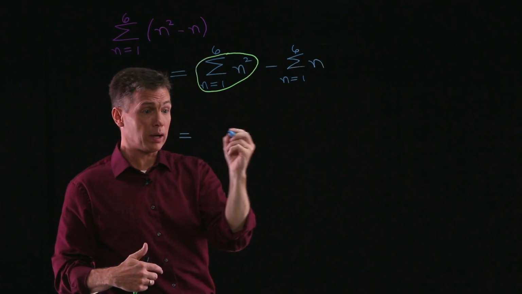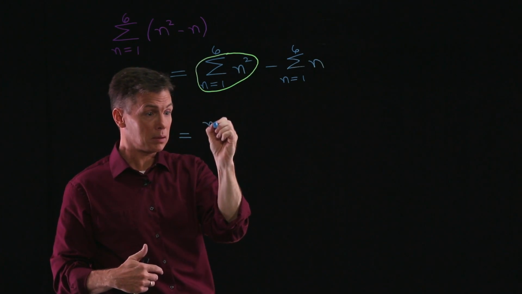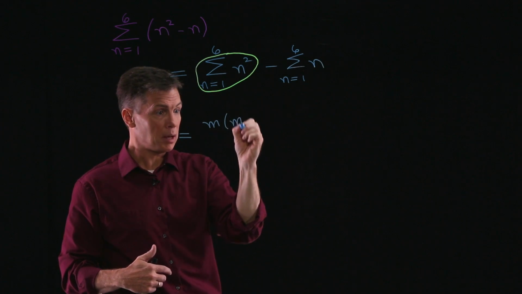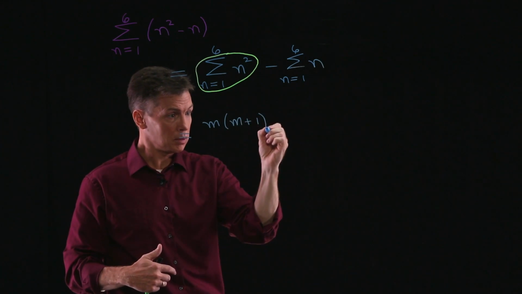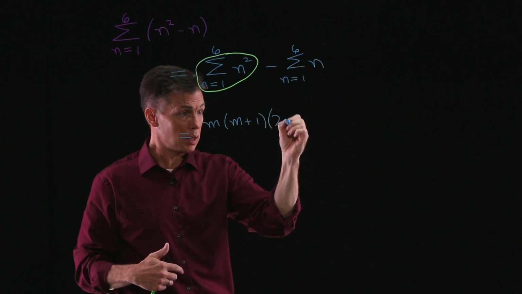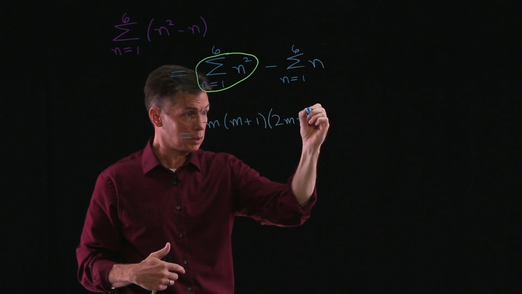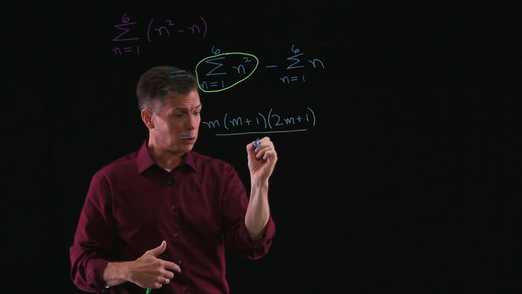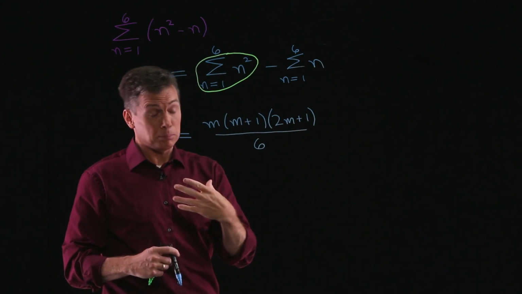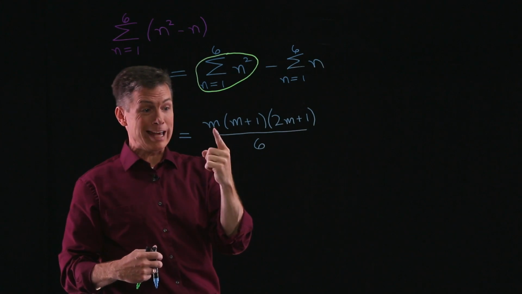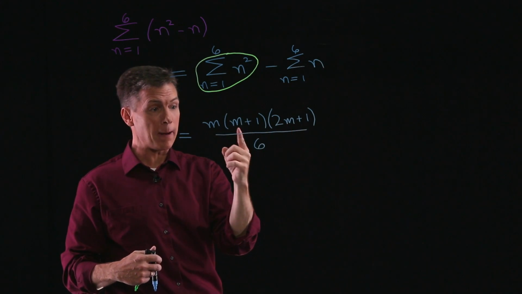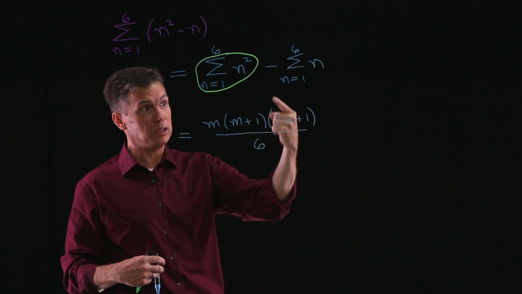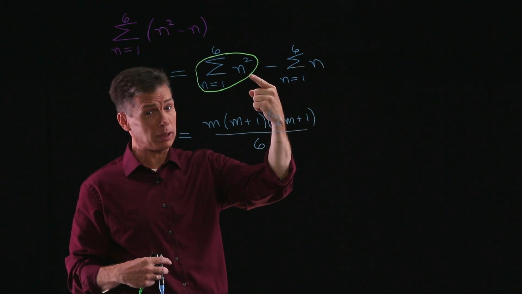When it's n squared, it always ends up being m times m plus 1 times 2m plus 1, all divided by 6. And I will give you a quick heads up. Your book, your notes may have an n right there. I switched it to m just because I don't want to confuse it with this n that's up there.